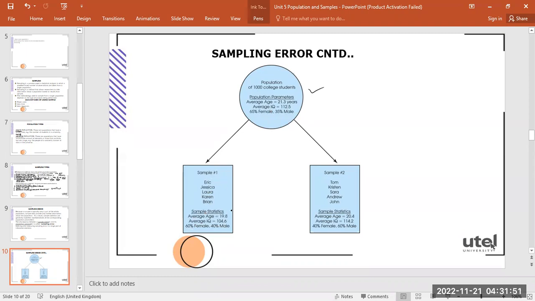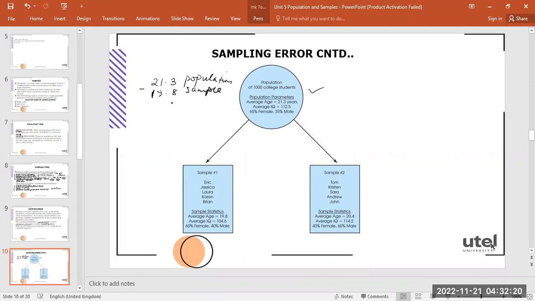You can see that for the population parameter, the average age is 21.3, while for the sample it is 19.8.